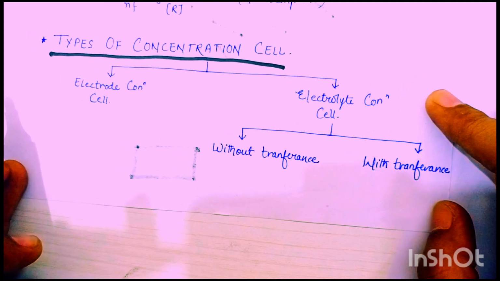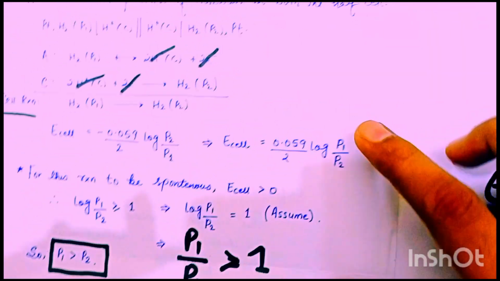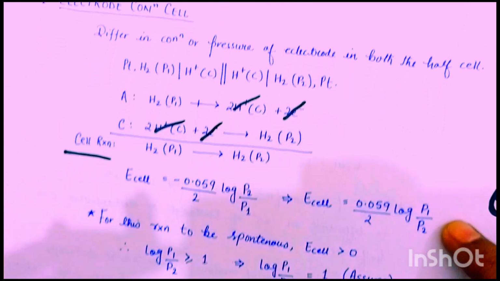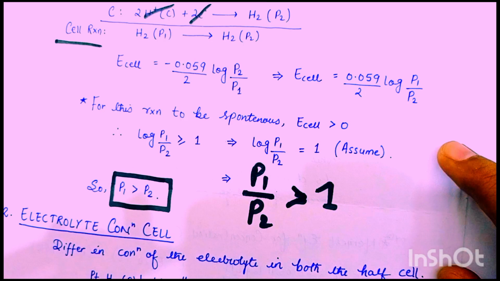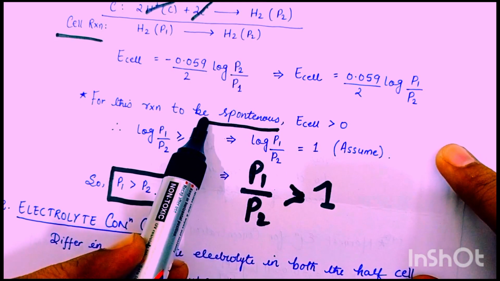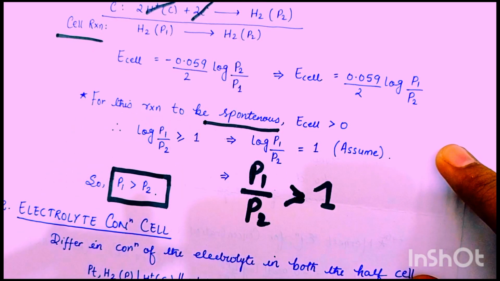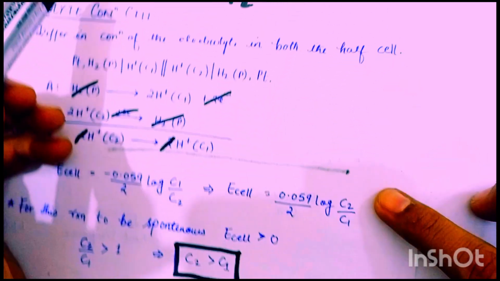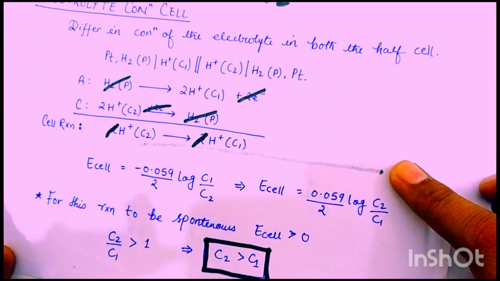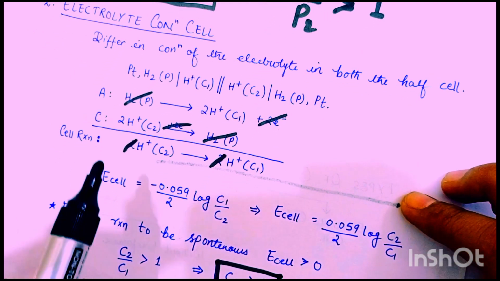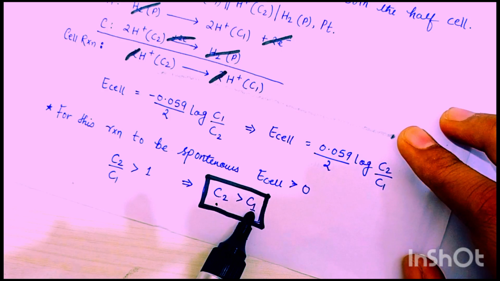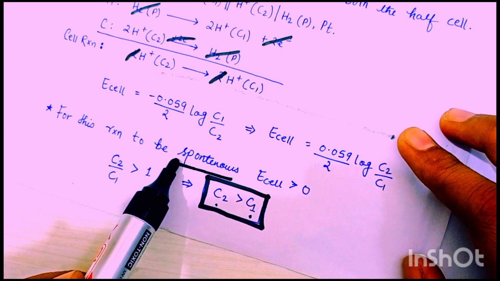After that we discussed the types of concentration cell. We discussed the two types, starting with the electrode concentration cell, where I am focusing on the important point that the spontaneous condition for the reaction is P1 should be greater than P2. Similarly, in the electrolyte concentration cell, C2 should be greater than C1 for the reaction to be spontaneous.